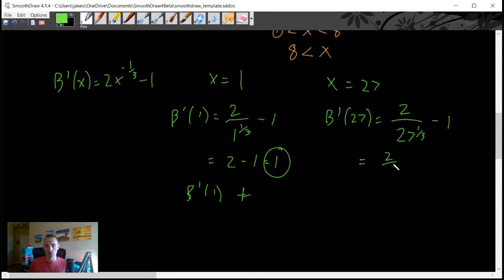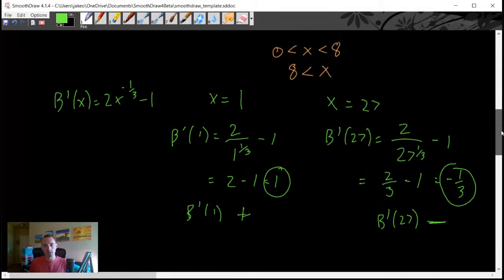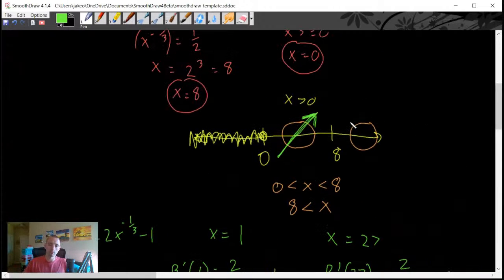So this is going to give us 2/3 minus 1. 2/3 minus 1 is negative 1/3. Again, it doesn't matter exactly what number we get, but negative 1/3 is negative. So b prime of 27 is negative. So if the derivative is negative, that means the slope of the original function is negative, which means it's decreasing.